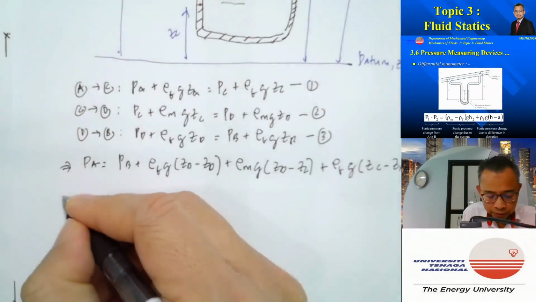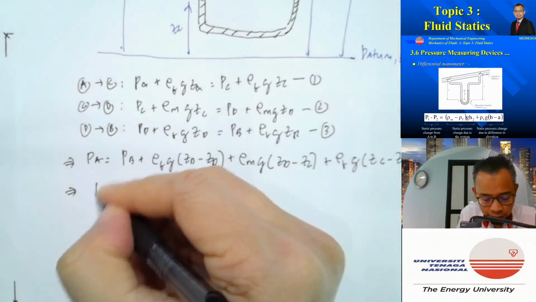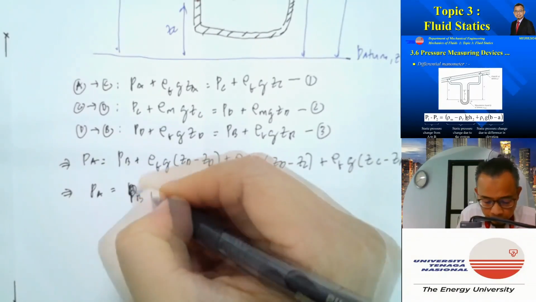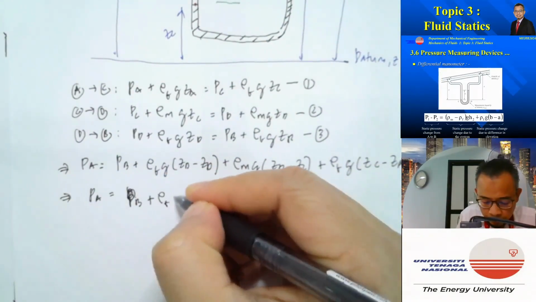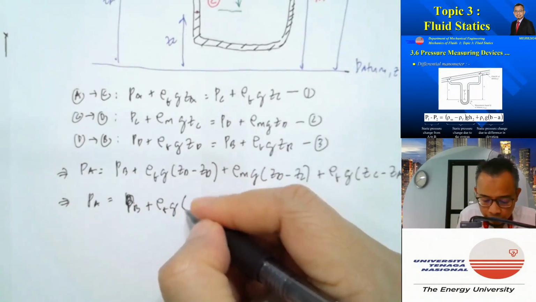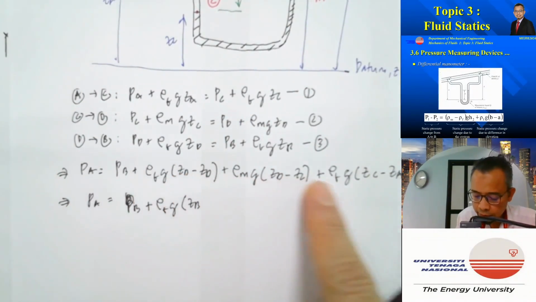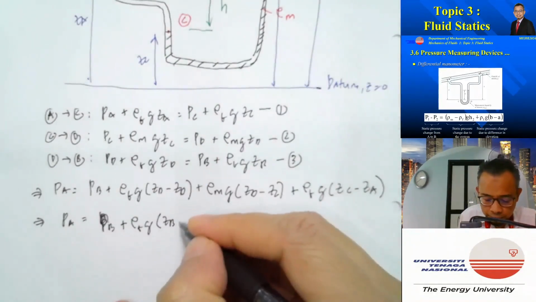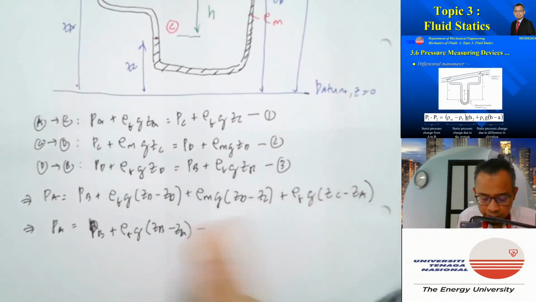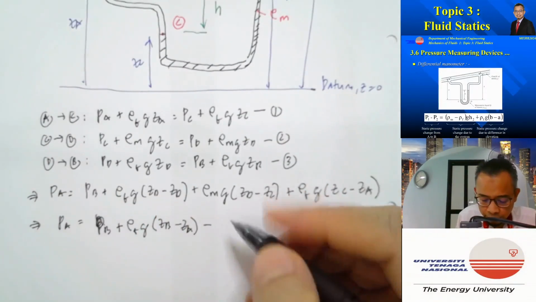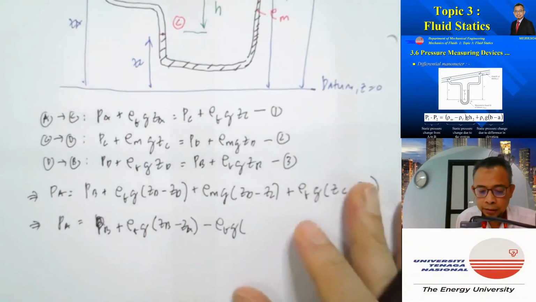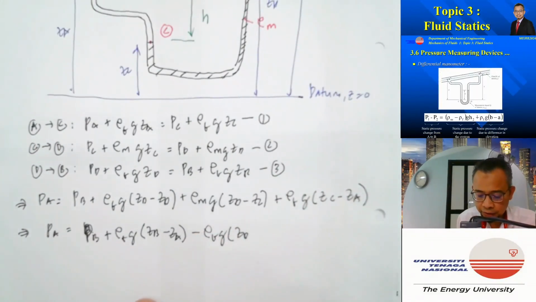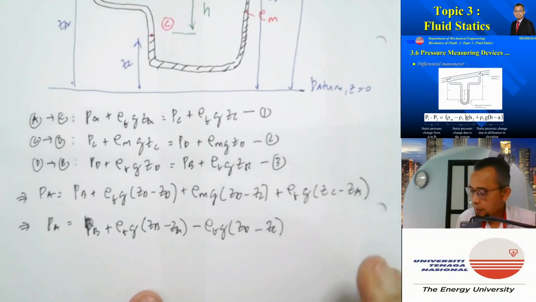So just by simple rearrangement, I can write PA is equal to PB plus rho fluid g. I can write ZB minus ZA so that I can get L. Okay, minus, because I'm still left with this one here, rho F g ZD, and this is plus, minus becomes plus, minus ZC, right?